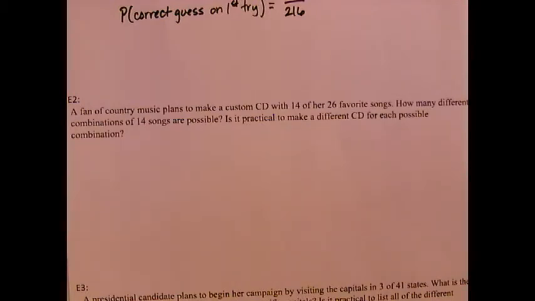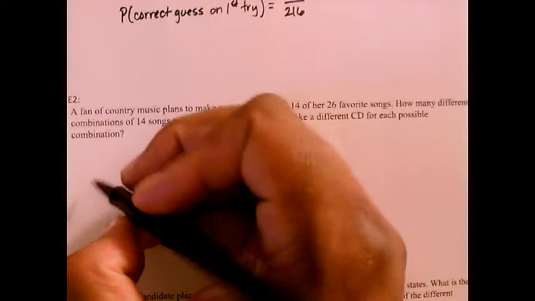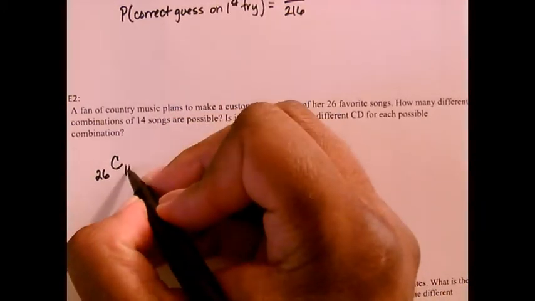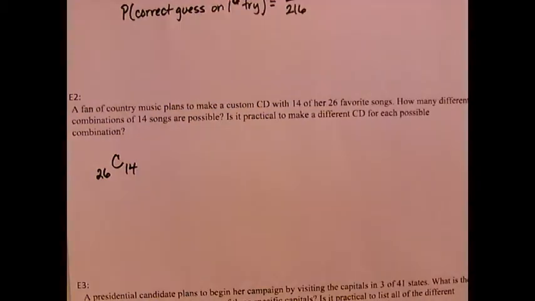Okay, it is a combinations problem, so that means that order is not of importance here. So we use the combination rule, which means we're taking 26 of our favorite songs and we're choosing 14 without any importance of the order. Okay?